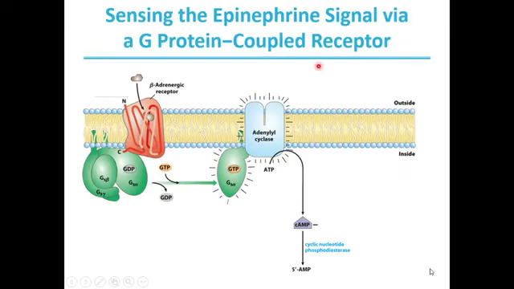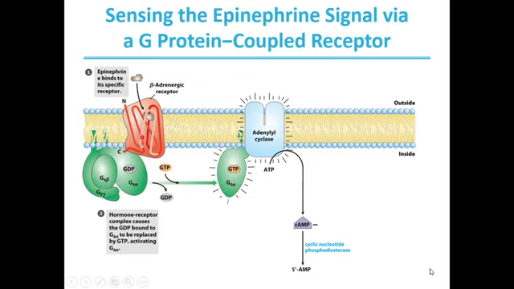So how is epinephrine sensed via a G protein coupled receptor? Epinephrine first binds to a specific receptor, and this can be a beta adrenergic receptor. Once epinephrine binds, it initiates a conformational change on this GPCR, which in turn interacts with the G protein.